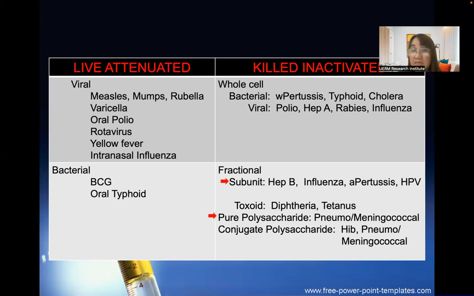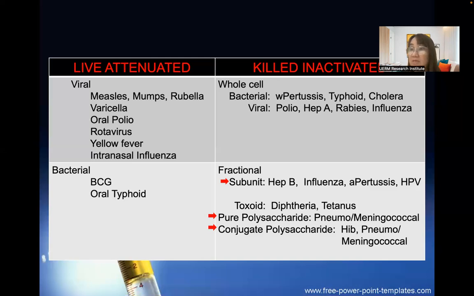Polysaccharide is made from pieces of the polysaccharide capsule that surround certain bacteria, as is typified by pneumococcal and meningococcal vaccine. Conjugate polysaccharide vaccines contain polysaccharide that is chemically linked to a protein carrier, maybe diphtheria toxoid, which serves to improve the immunogenicity of the polysaccharide.